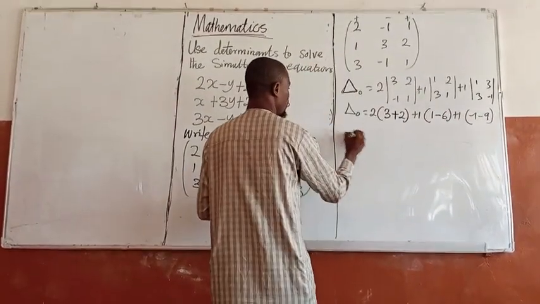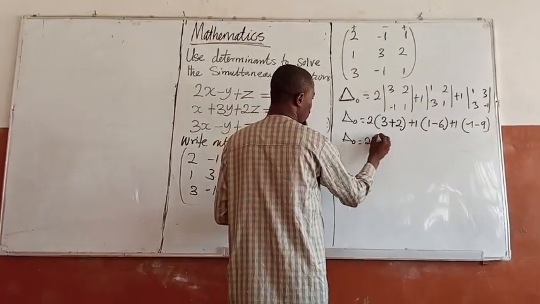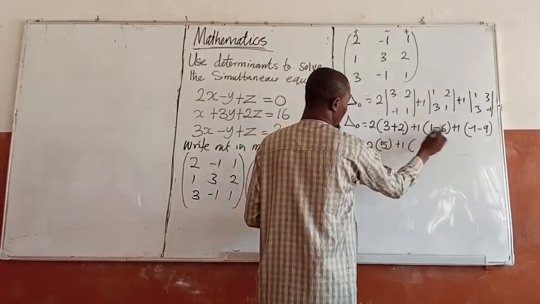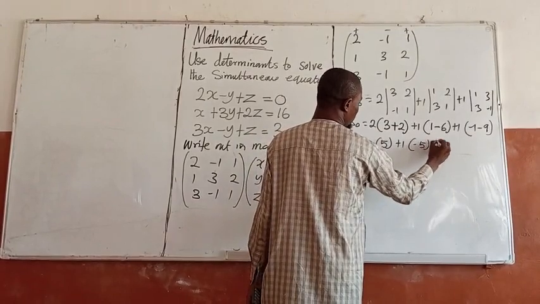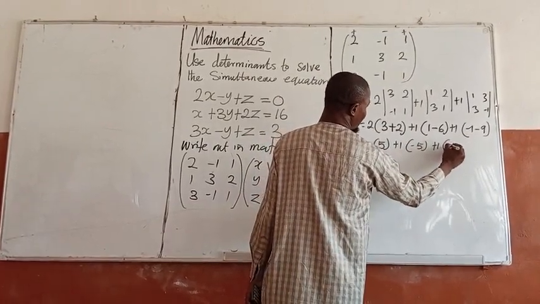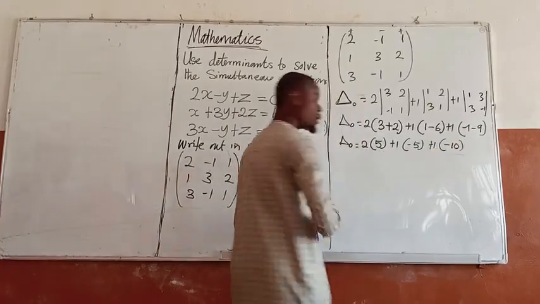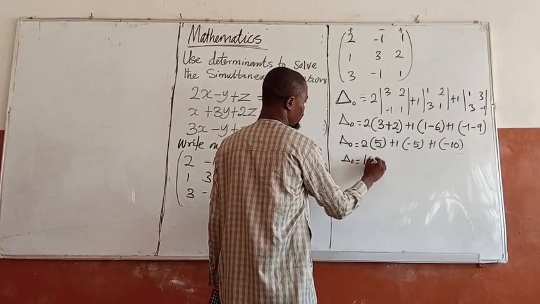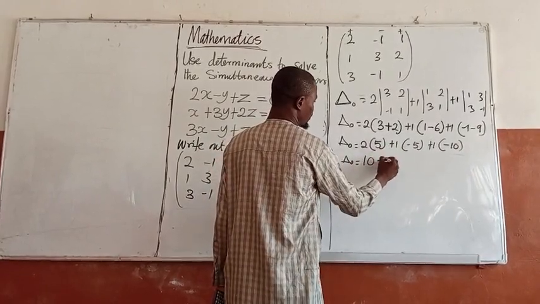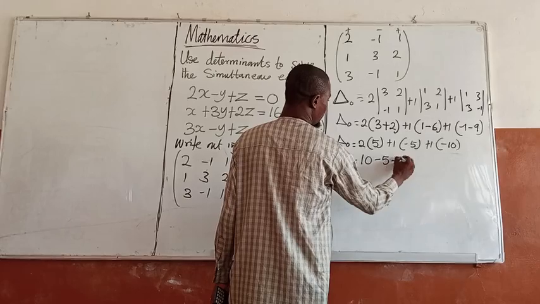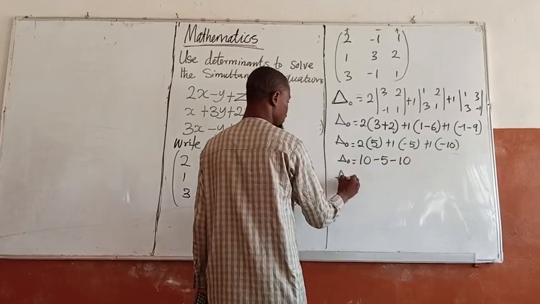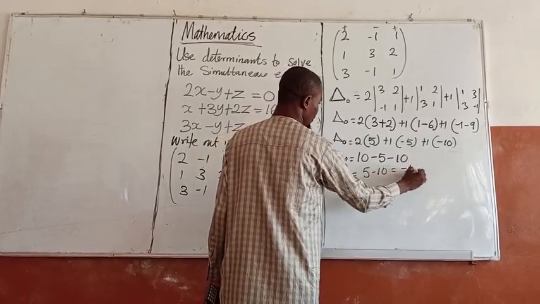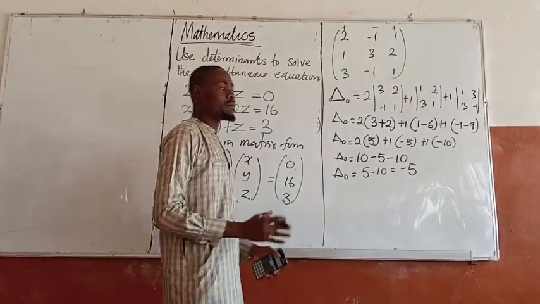So we have delta naught is equal to 2, open bracket, 3 plus 2 we have 5, plus 1 minus 6 we have minus 5, plus 1, minus 1 minus 9 is minus 10. So delta naught is equal to 2 times 5 is 10, plus times minus we have minus 5, plus times minus we have minus 10. Delta naught is equal to 10 minus 5 is 5, minus 10, which is equal to minus 5, which means delta naught is now minus 5.